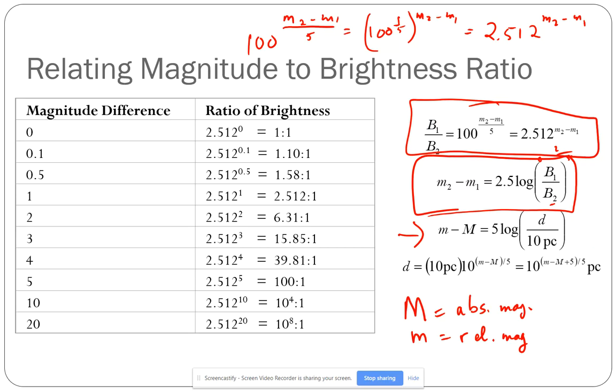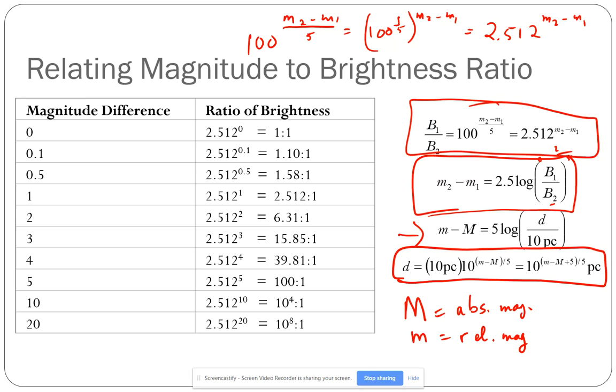So brightness 1 over brightness 2 is going to be proportional to the distance over 10 parsecs. And we get this relationship that allows us to calculate the actual distance a star is away if we know its absolute magnitude and we measure its apparent magnitude. So where the rubber meets the road on this, what we need to know, be able to operate with, is, first of all, knowing that the apparent magnitude is measuring how bright a star is, that is, how much light we receive from it on Earth.